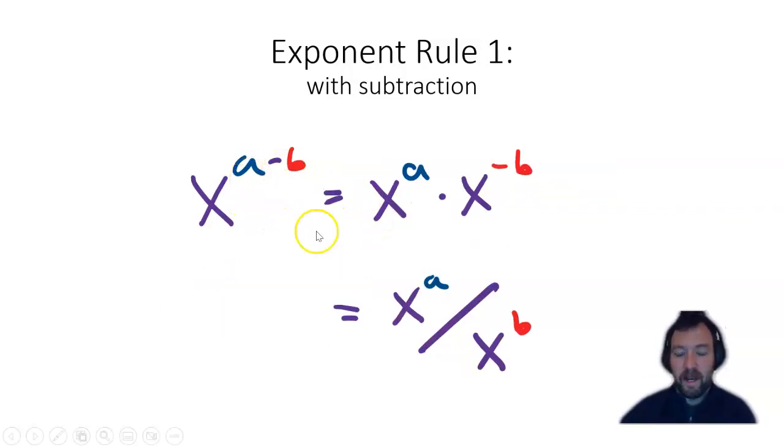X to the a minus b is x to the a divided by x to the b, for the reason that, again, x to the negative b means divide by x b times, right? So again, nothing really changes here, except when you throw a negative in, you have to account for the fact that a negative exponent means divide. Okay? So that's the whole exponent rule 1.